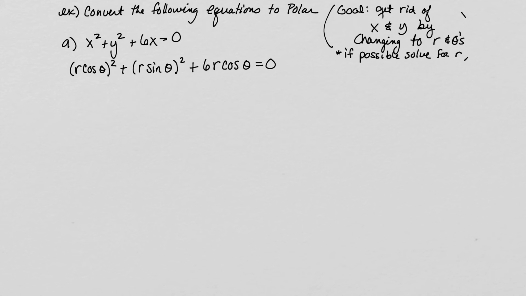Then I have to work out some of this. r cosine theta quantity squared is r squared cosine squared theta, and r sine theta quantity squared is r squared sine squared theta, plus 6r cosine theta.